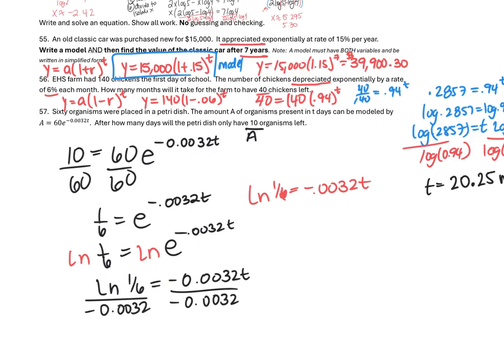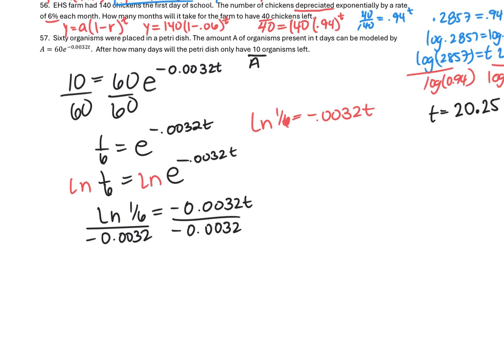And I'm going to keep it as 1/6 so I have a more accurate answer, because that's a decimal that repeats. So t is ln of 1 divided by 6, close the parentheses, divided by negative 0.0032. t is approximately 559.92 days. Okay.